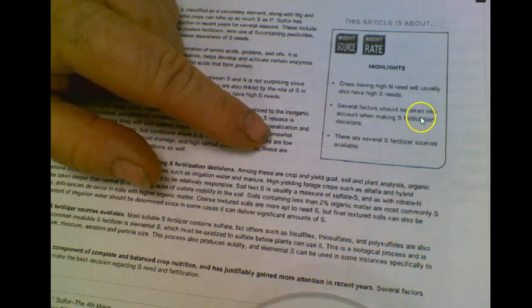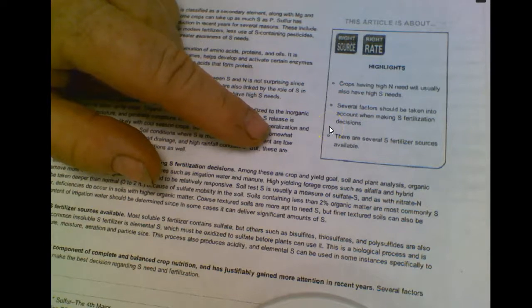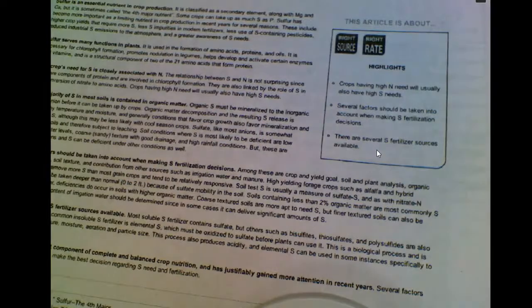You need to look at all your factors, organic matter, soil type, and irrigation water before you make applications. There are several sulfur fertilizer sources available. Ammonium sulfate is probably the most common that people use because it's quickly available, and the sulfur is already in the sulfate form. Okay, so that is the sulfur.